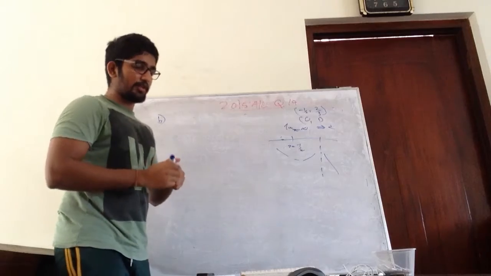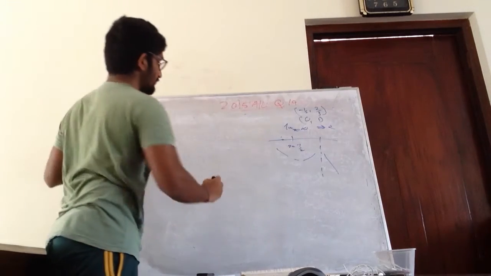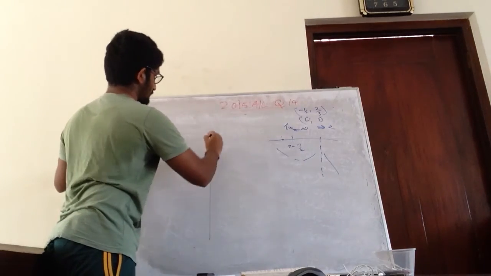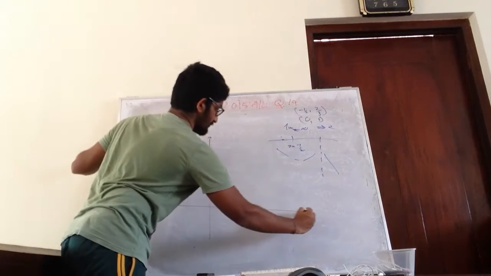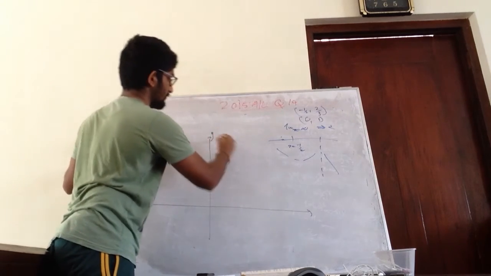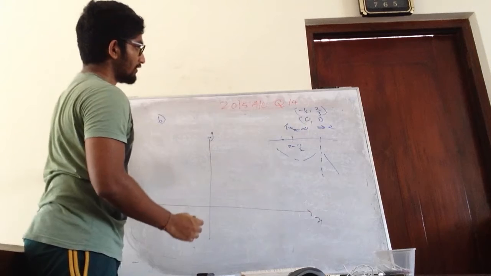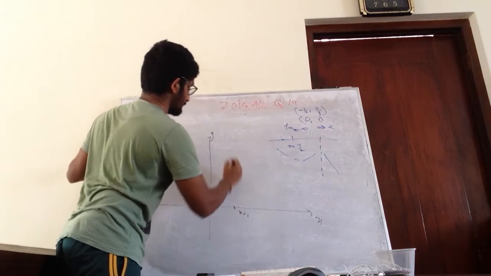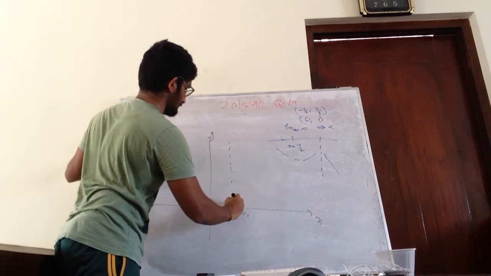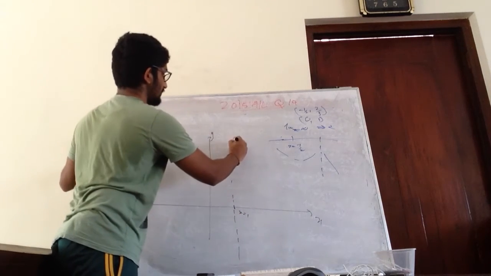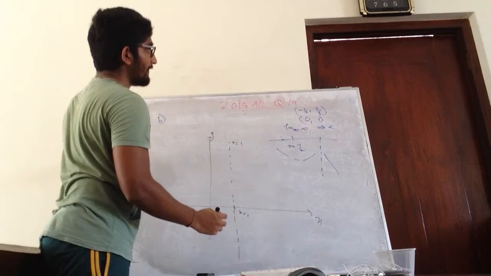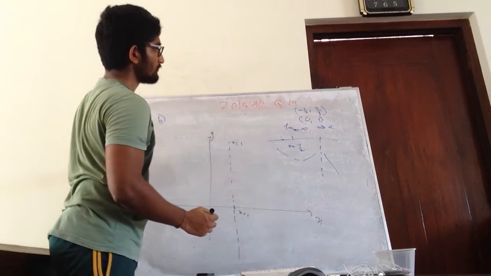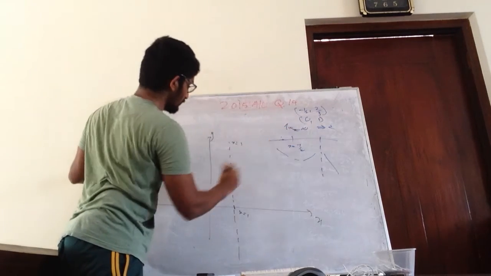So now we can draw the graph. Let's draw the graph now. x equals 1 is here. And when x goes to infinity, this will go towards 2.